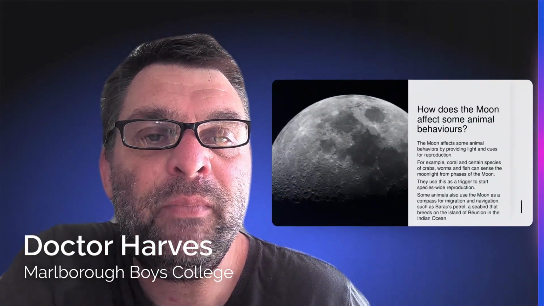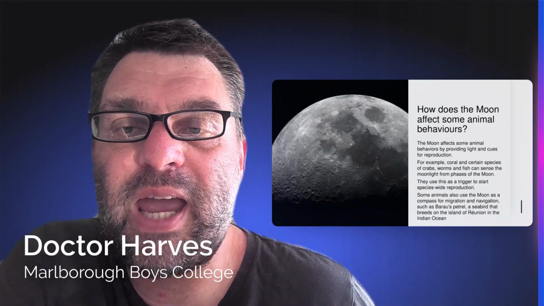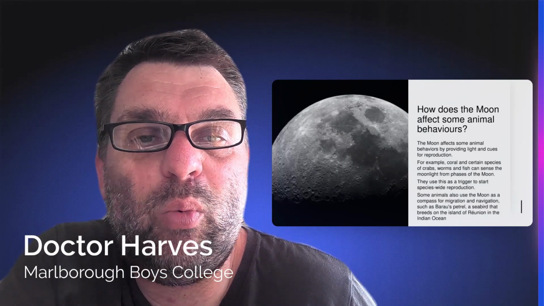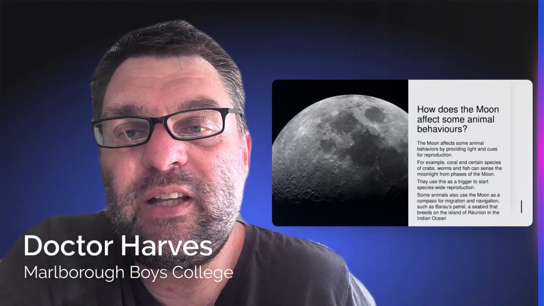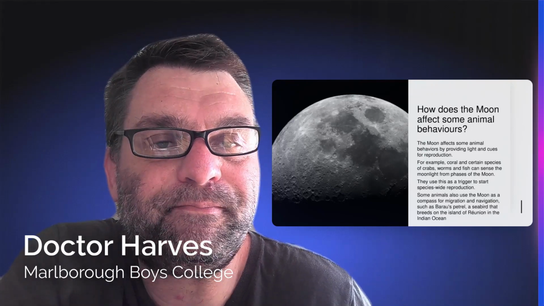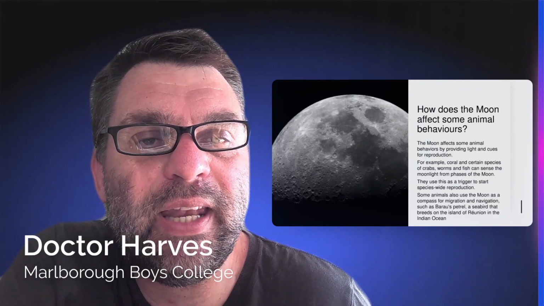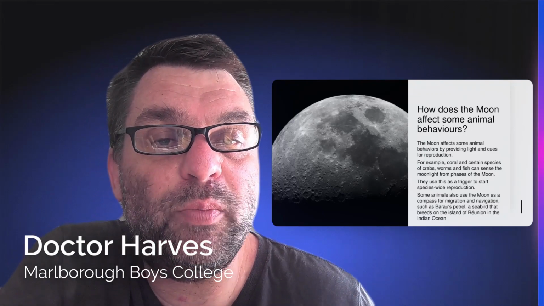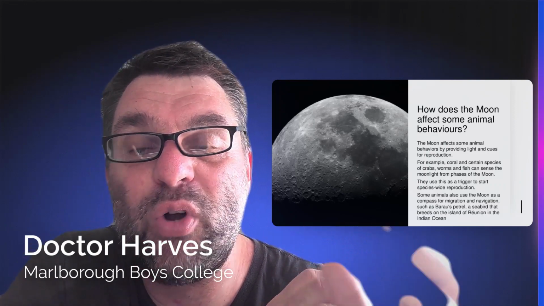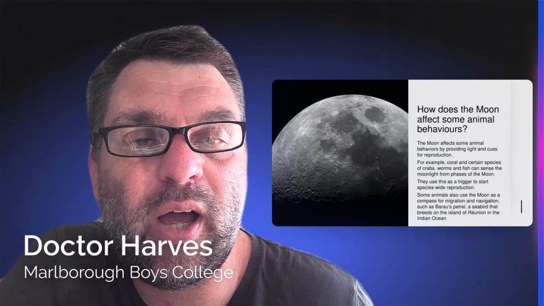Finally, the moon can also affect some animal behaviors, because we're essentially 76% water. We're affected too, so our blood pressure can increase when the moon is closer, not by much, but still. Other animals like worms and fish sense the moonlight, and their rhythms are based around it.